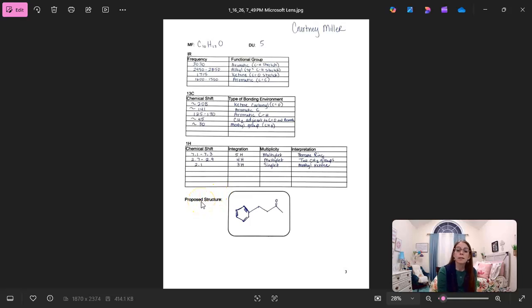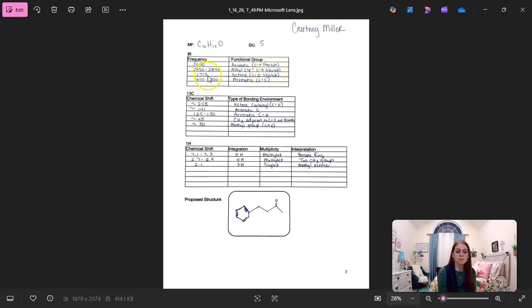The IR spectrum shows several key peaks. At 3030 cm-1, there is an aromatic C-H stretch. Between 2950 and 2850 cm-1, there are alkyl sp3 C-H stretches.